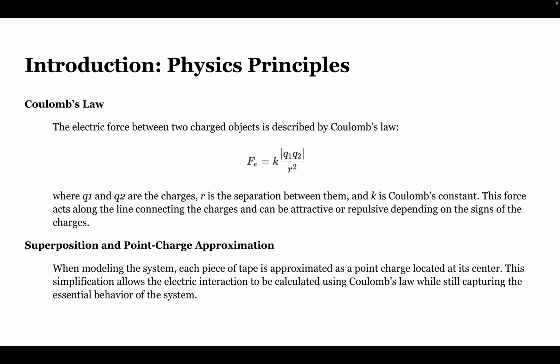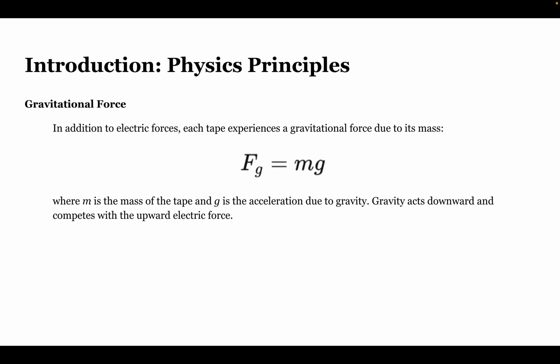And then we have superposition and point charge approximation. When modeling the system, each piece of tape is approximated as a point charge located at its center. This simplification allows us to observe the electrical interactions between them, using Coulomb's law to approximate them. Gravitational force, basically how gravity works. Gravity pulls us down because of mass and the gravitational constant of 9.8.